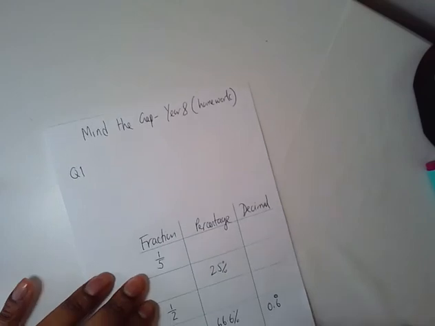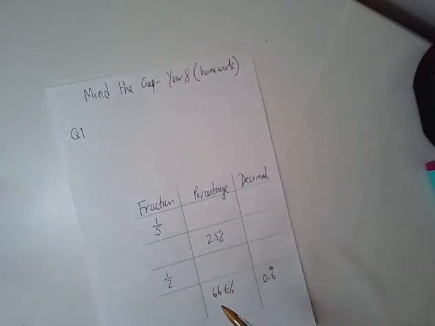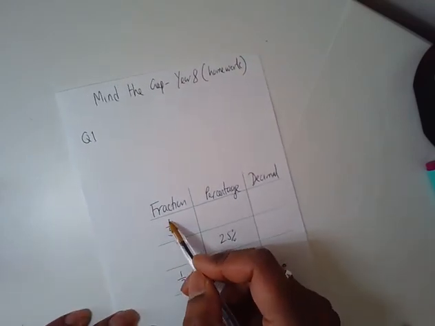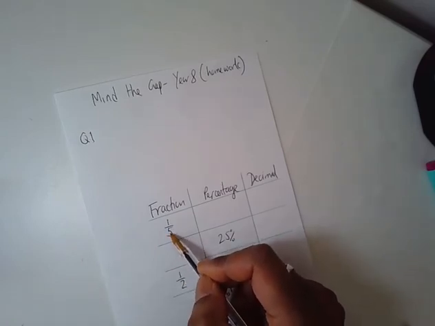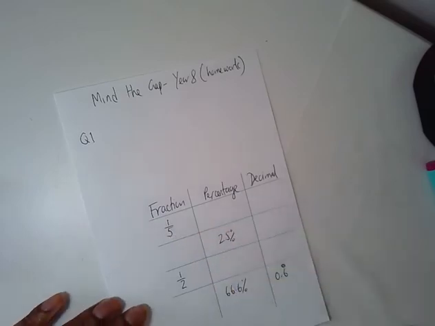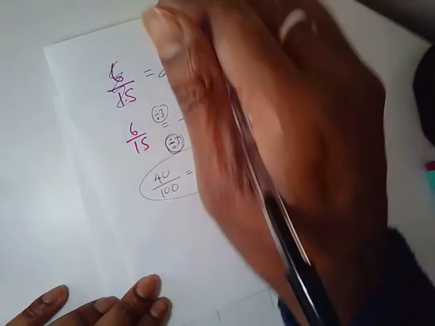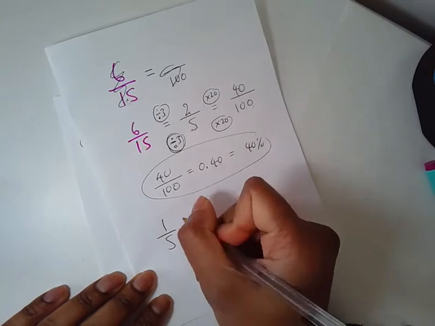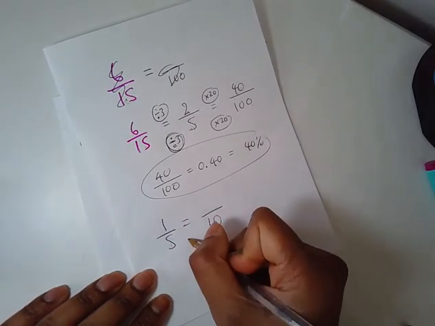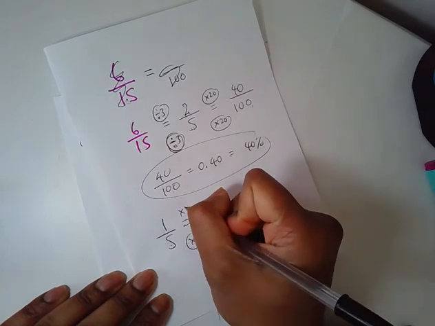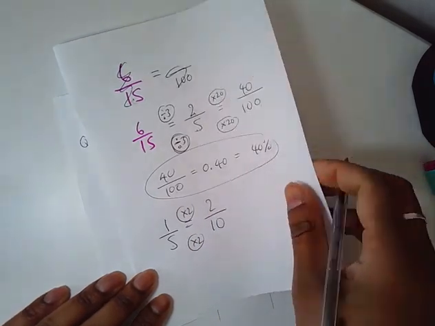This might be your exam style question. Change 1/5 to a percentage. Well, the denominator needs to be a 10. So what I can do, make that 10. What do I times the 5 by to get 10? Times by 2. 2 out of 10.